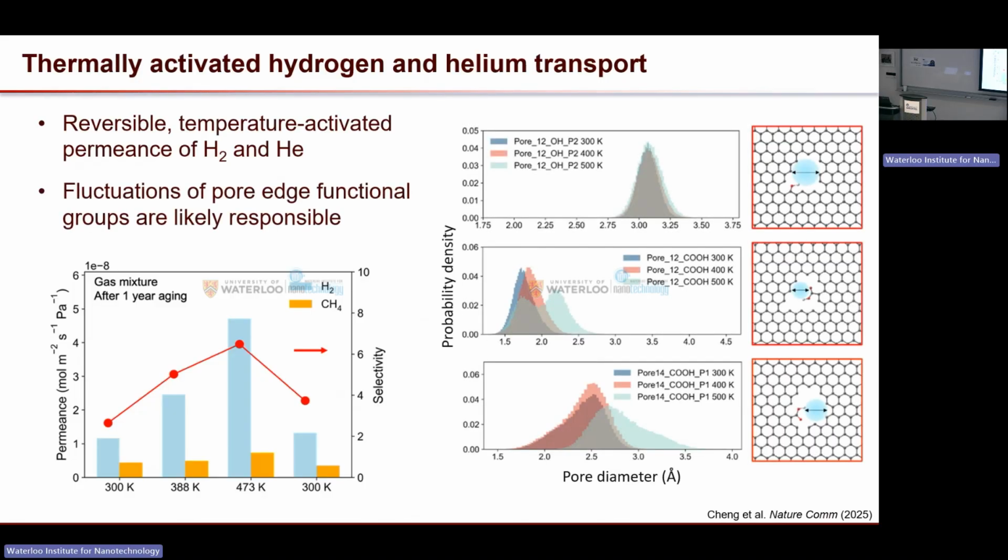And in the end, what we think is the most likely scenario is if you have functional groups on these pore edges, then as you change the temperature, these groups are vibrating. And so if you look at the apparent size of the pore, as these groups oscillate, the pore size fluctuates. And so you can see that at different temperatures, like this particular pore, you can see larger openings happening because of the fluctuation of these molecules. And so effects like that seem to be quite responsible for this temperature dependence.